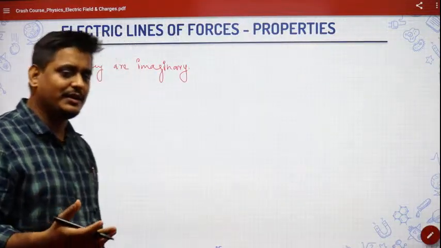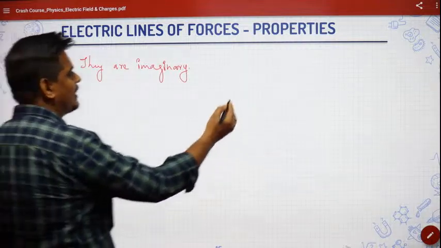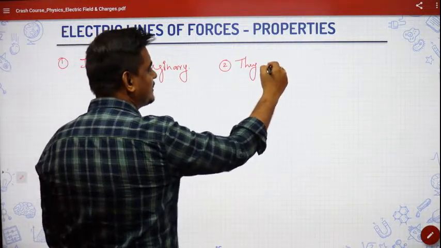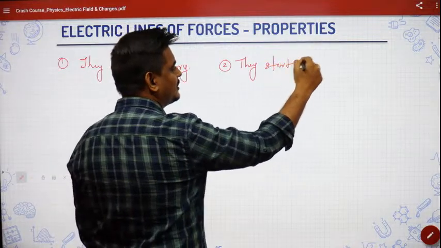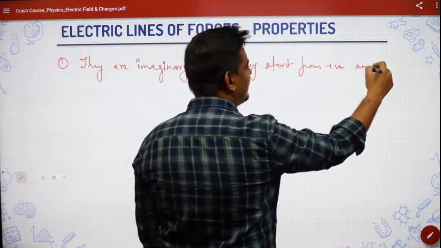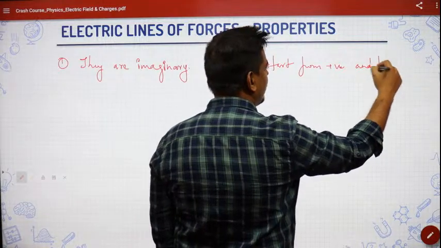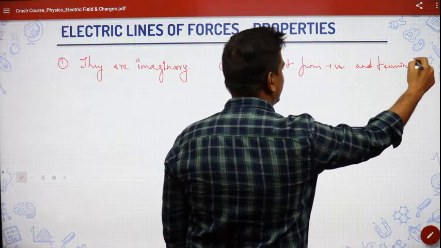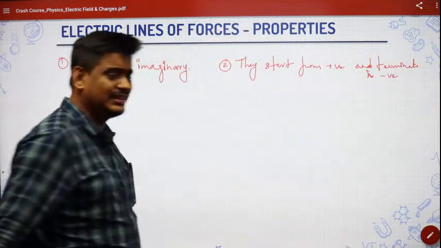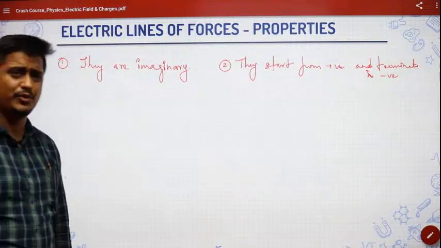The second point is about how they start and how they terminate. I said in the previous page itself that they start from positive charge and terminate in negative. This is the second important property of electric lines of forces.